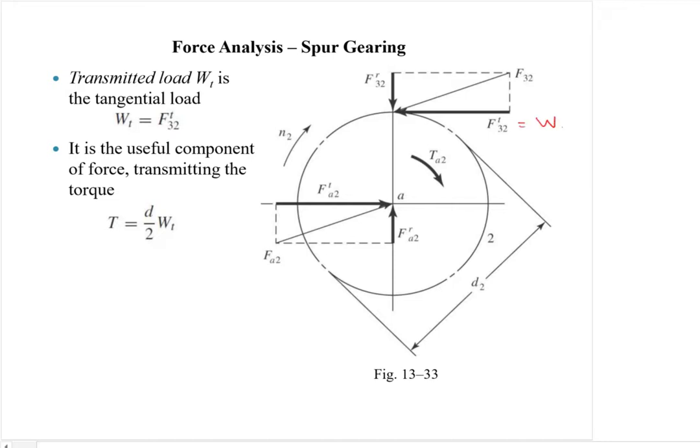This would be the transmitted load for torque. They're calling it W sub T, which is F sub 32 tangential. And so only the tangential component of the force of 3 on 2 gives you any useful load for torque. And then we have, of course, the equation for torque based on that.